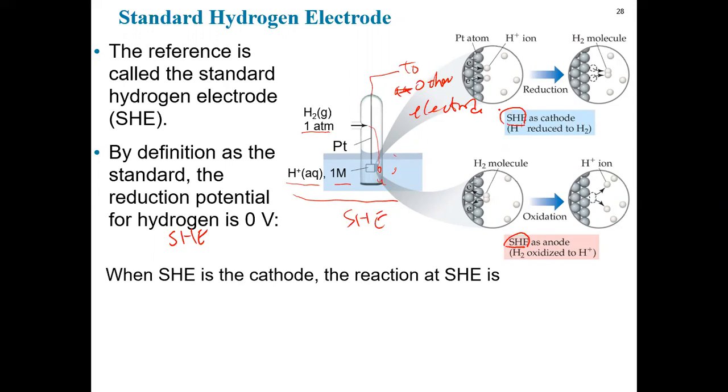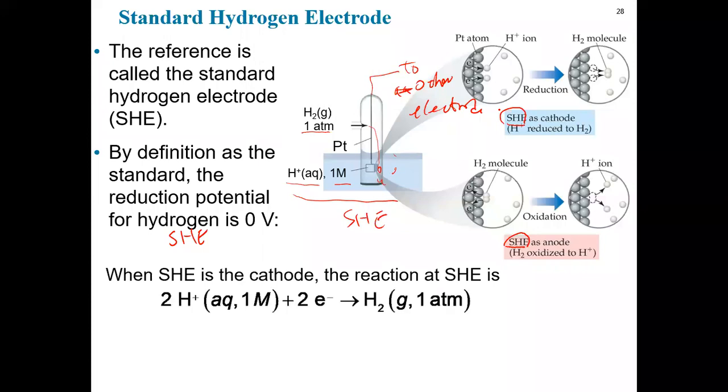Depending on the other electrode, this SHE can be a cathode or an anode. If this is the cathode, H plus has been reduced, so the half reaction will be 2 H plus, aqueous, 1 molar, plus 2 electrons become H2 gas, with pressure 1 atm.